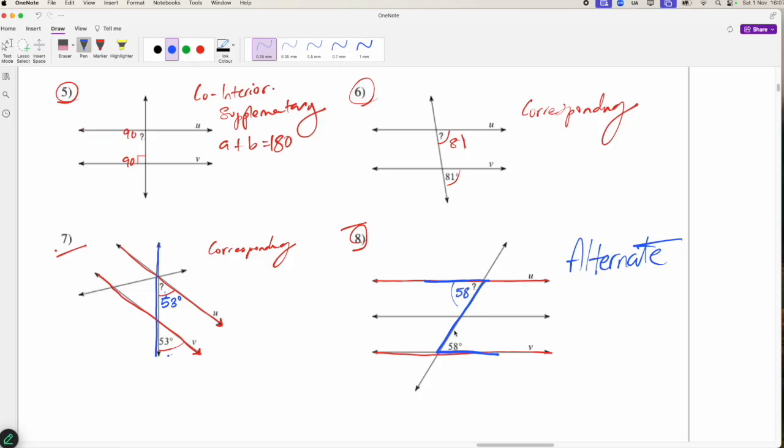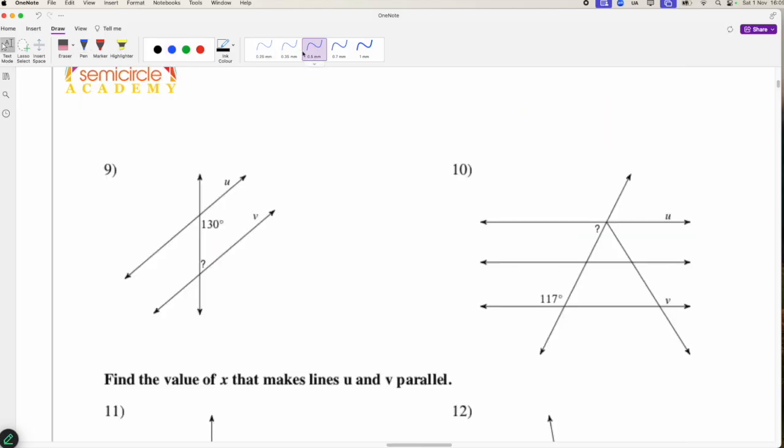Yes, it is alternate. Alternate angles are inside of a Z. This here is co-interior, because you can see it is inside of the rectangular shape. So that means that this will be 50, because co-interior angles are supplementary, right? This here, what are these two angles?